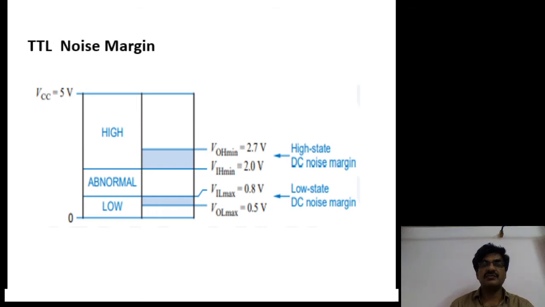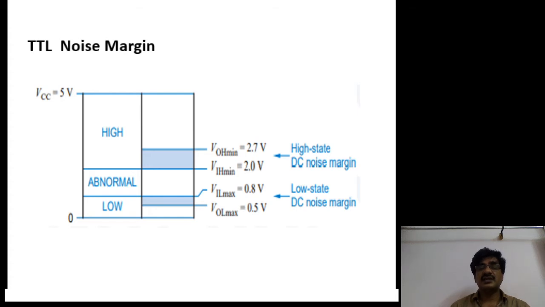Whatever it may be, it is the voltage difference. With reference to logic high level, the voltage difference is the high level noise margin. The low level voltage difference is the low level noise margin.